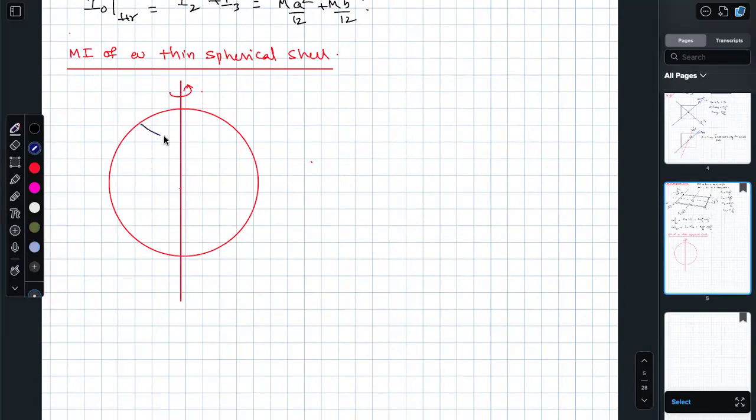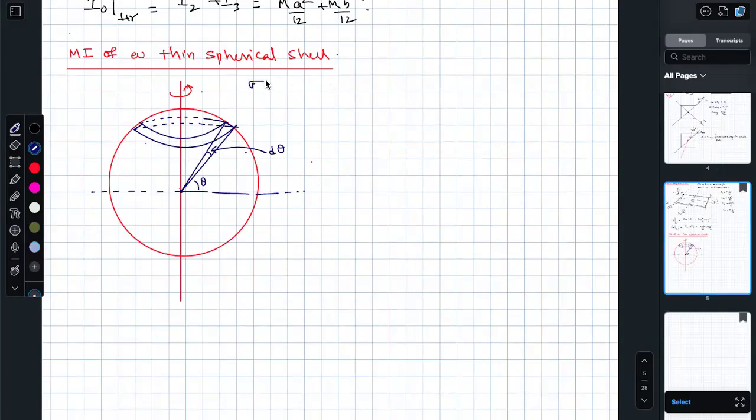For this purpose, I will imagine a portion like this, center, d theta. Agreed? Now I can see a ring here.